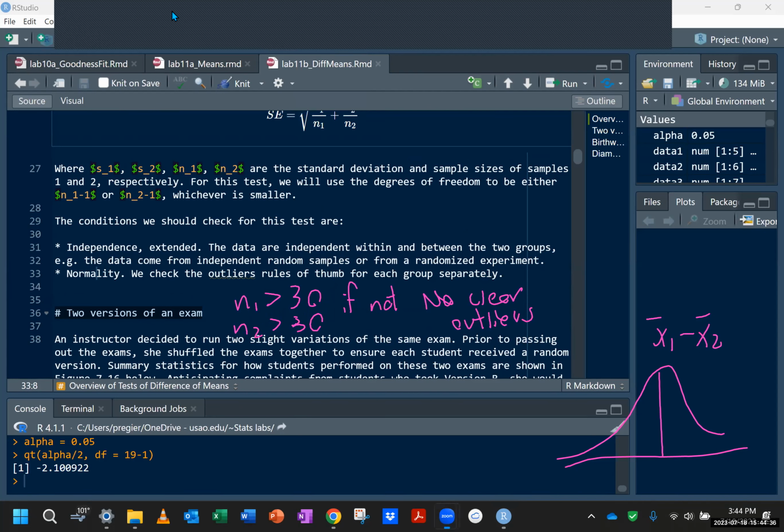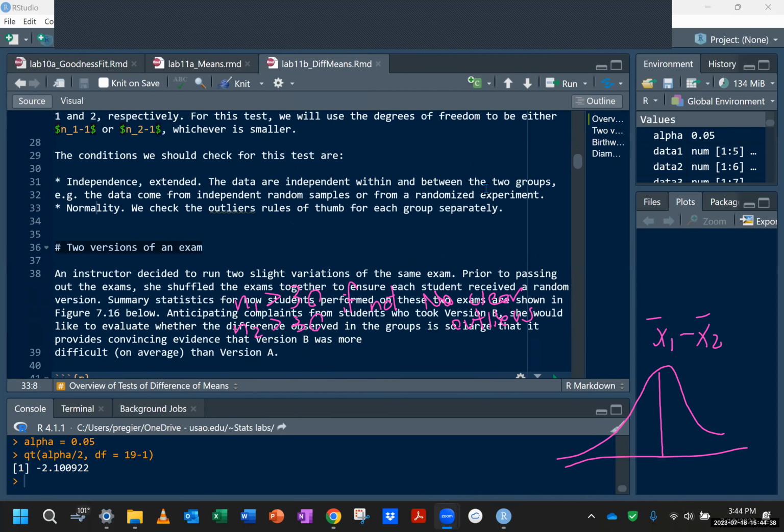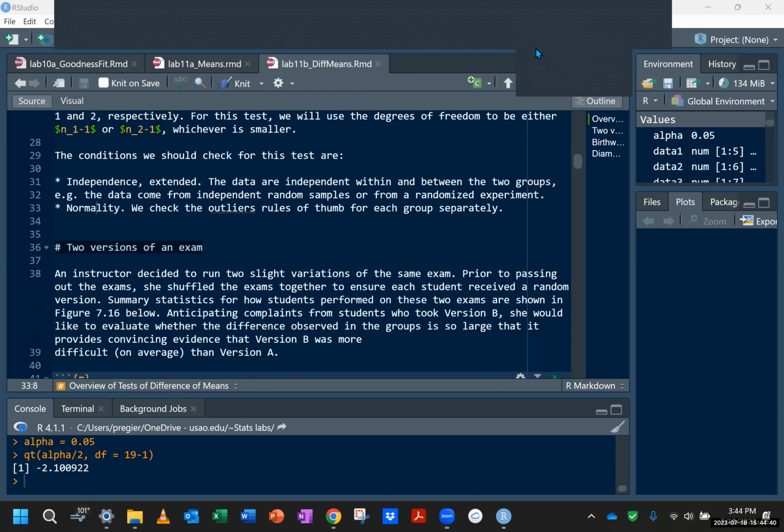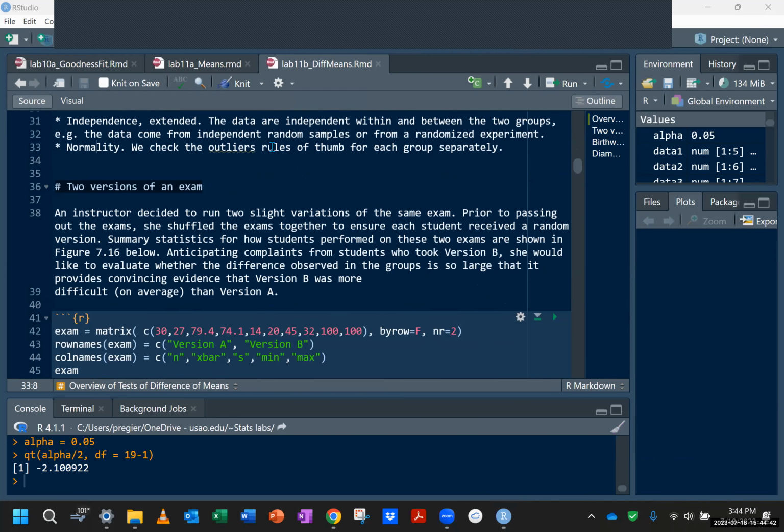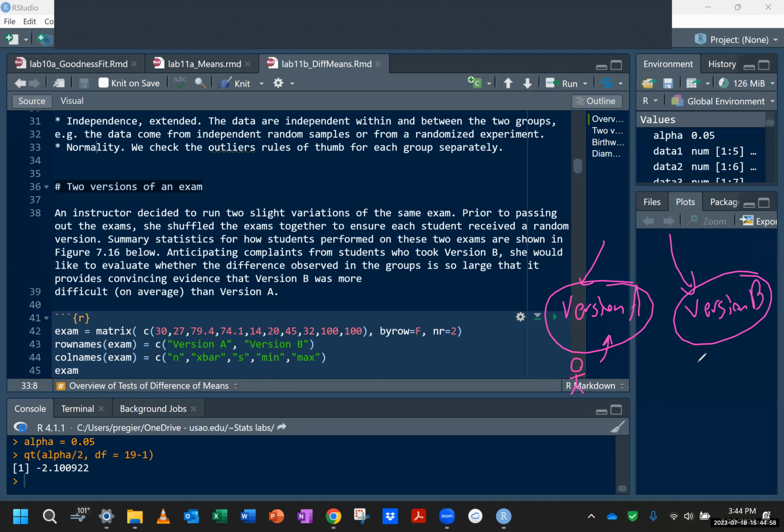So let's start this test. A very good example is two versions of an exam that are given to two groups of people. You have an exam, your version A and your version B. They're given to two groups of people, so each person taking the exam only takes one version.